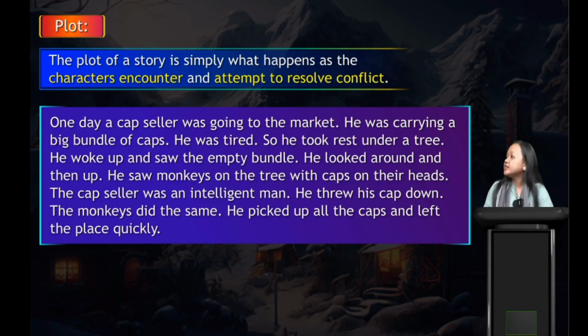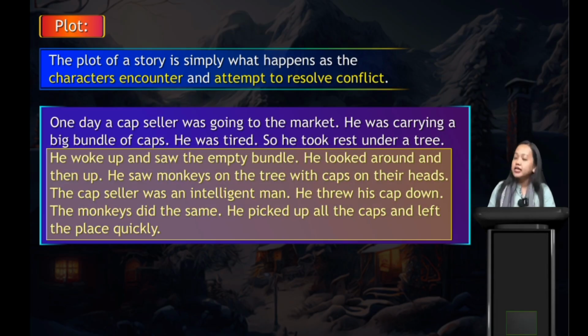Right? So in the story, what did we see? What problems did he face? He was sleeping, and the monkeys took away his caps. He woke up and saw the empty bundle. As soon as he woke up, he looked around and then up. He saw monkeys on the tree with the caps on their heads.